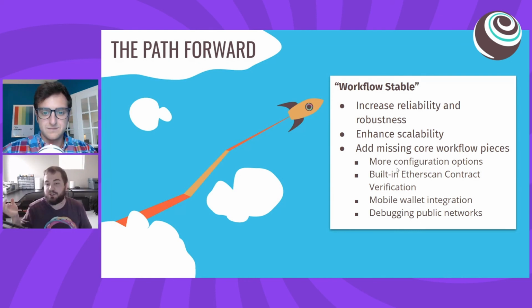Maybe you want to specify which migration scripts you would like to run, etc. Also, one cool thing we're looking at adding very soon is built-in Etherscan contract verification. Imagine clicking that deploy button, confirming your transactions, and then it's just a check of a box, and now all of your contracts are verified on Etherscan without having to go through all the steps of doing that.